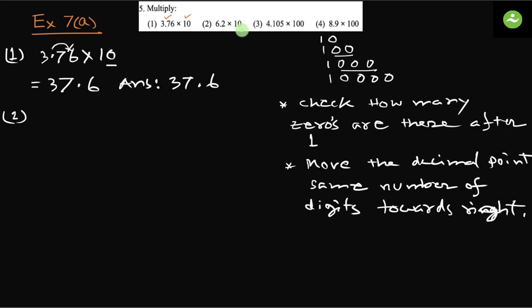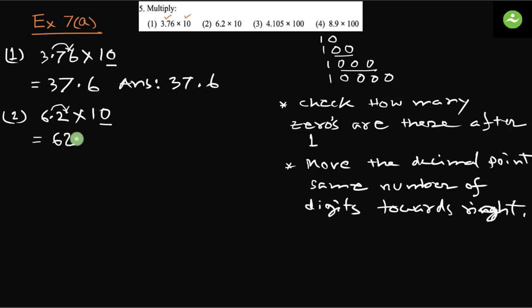Next, 6.2 into 10. Check how many zeros are there after 1. There is 1 zero. So move the decimal point the same number of digits towards right, just 1 digit. So it will be 62 point.